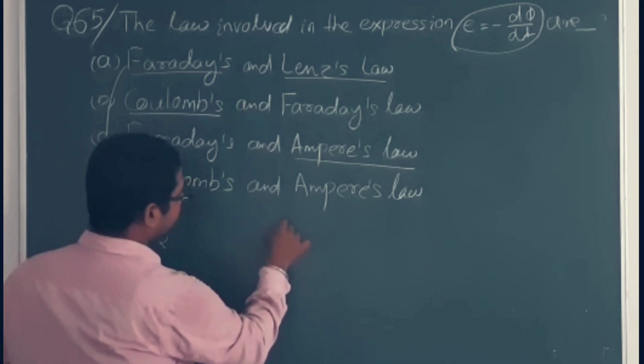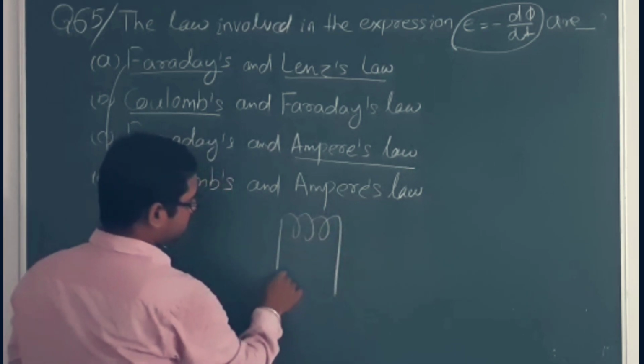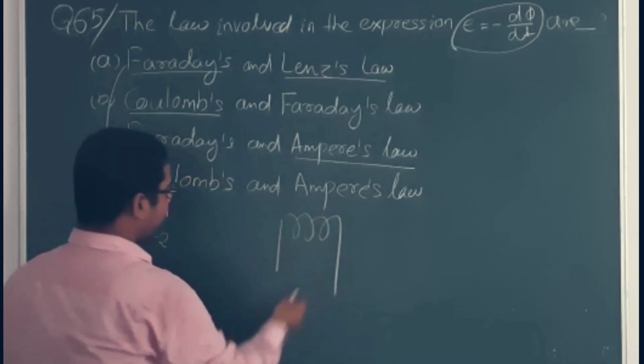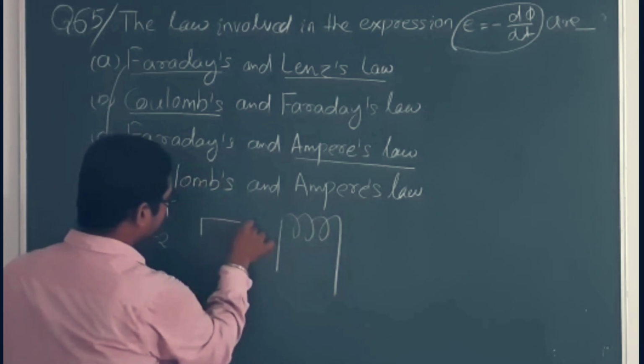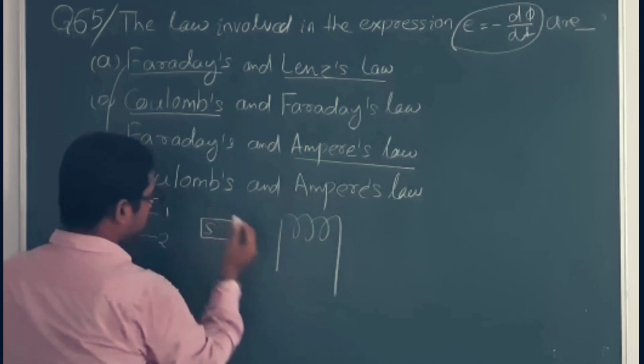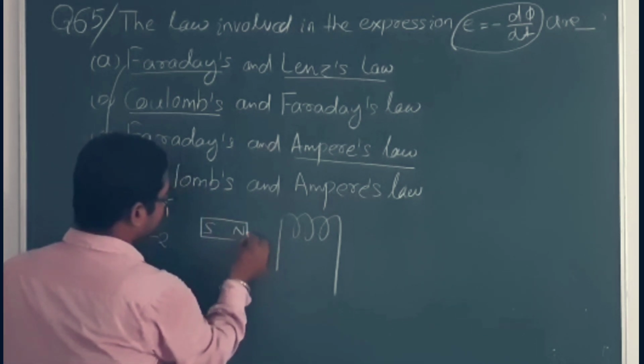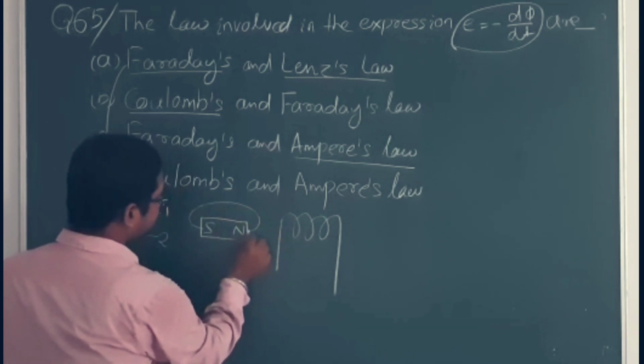That means if you have this type of conductor, and you have a north and south pole magnet, and you are moving the magnet, because your flux lines are like that.